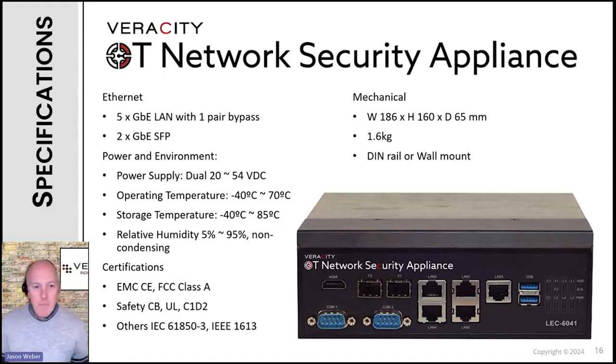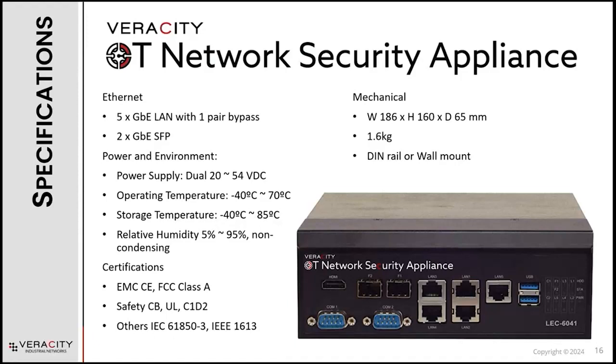It has a pretty wide operating temperature range of -40 to 70, and a pretty wide relative humidity range, non-condensing. It has some decent certs on it, and it is a DIN rail or wall mount box. I will hold it up one more time so you can see it for reference. I can't see myself, so this gives you an idea of the size of it and the ports, but I'd certainly be happy to provide any information that people want afterwards.